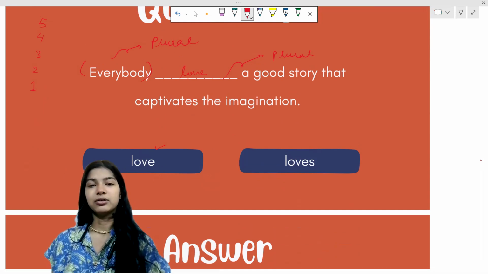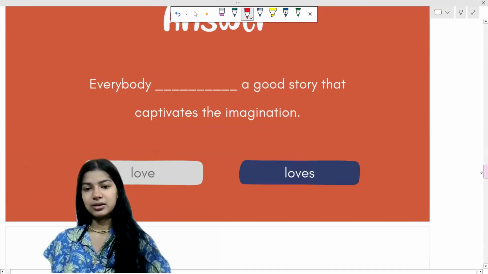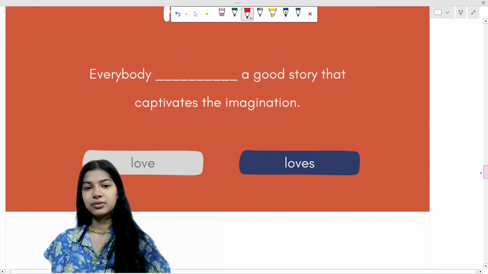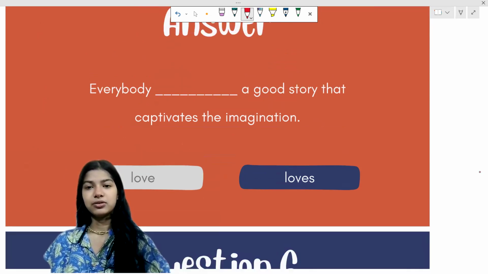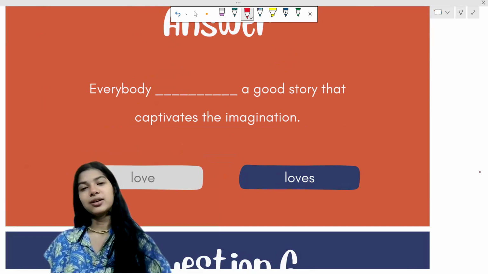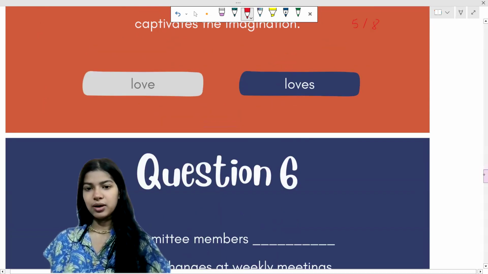Everybody love a good book or story. Let's see our answer. Love. Okay. Everybody loves a good story that captivates the imagination. If you're correct, please mark your answer as 5 out of 8. Okay, let's go ahead.